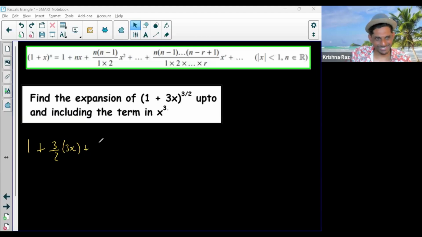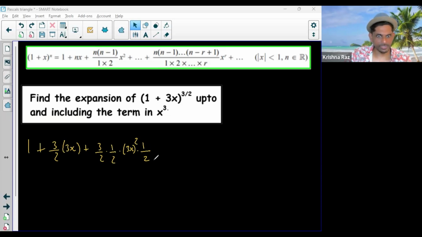Plus n, 3 over 2, times n minus 1. So 3 over 2 minus 1 is a half. Times x squared, all over 1 times 2. Yeah, which is same as times by half.